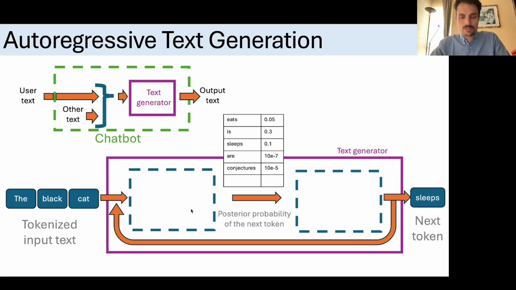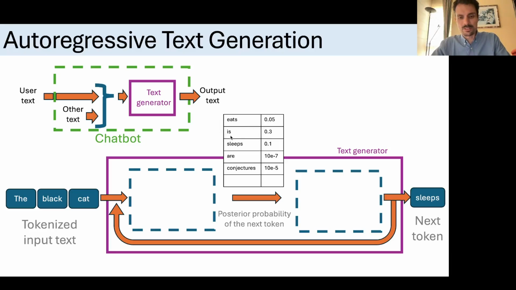The first one produces the posterior probabilities of each possible next token. So, for example, given that the previous tokens were "the black cat", the probability that the next token is "is" is given by this number.